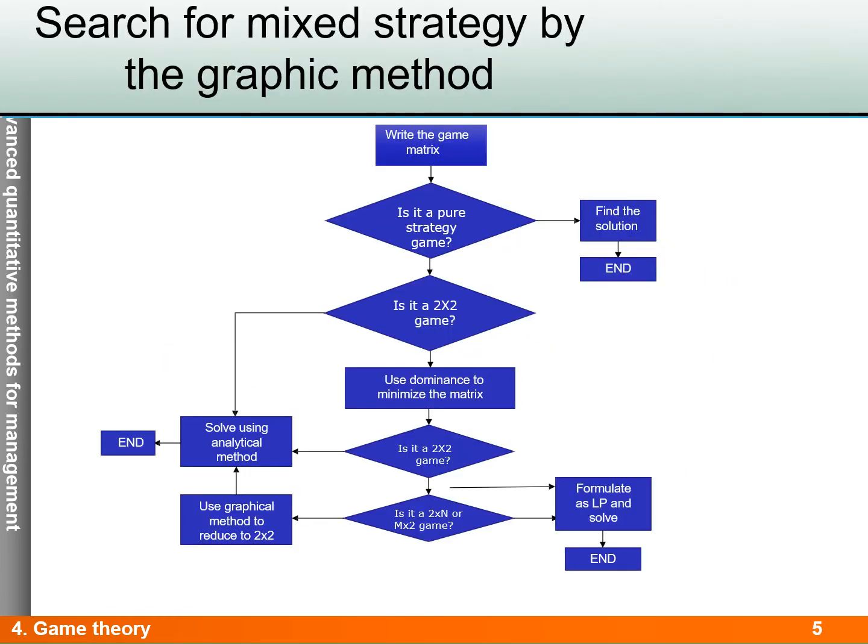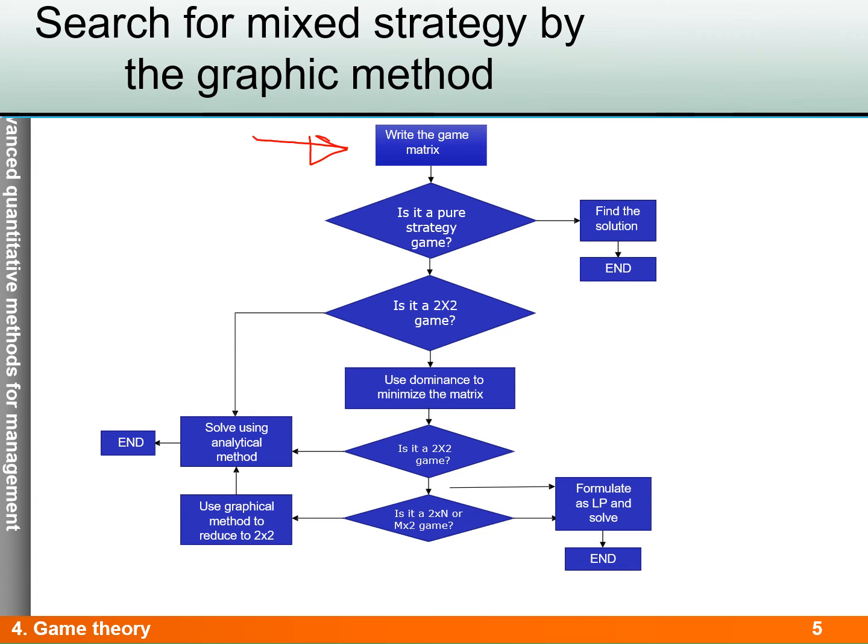In this slide, let's review all possible forms of a game, and see for each of these items what kind of solution we should apply based on what we learned in the last slide. So as you see here, guys, it starts with having the game matrix. What is the matrix? It is the payoff table, la tabla de pagos.